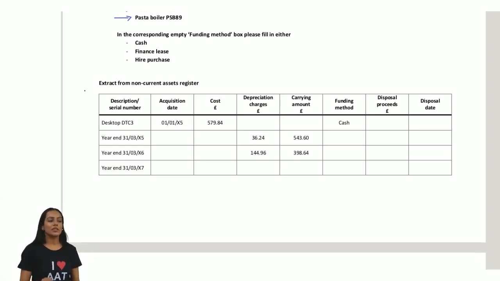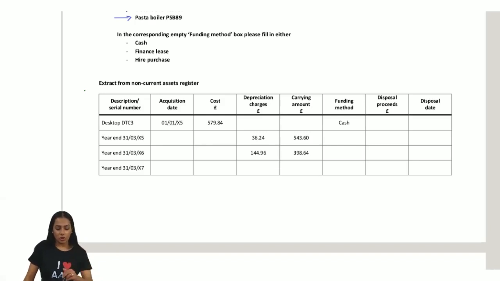Let's assume that this was correctly accounted for by the examiner themselves. The carrying amount at the end of each year is going to be the cost minus any accumulated depreciation. So for the year ended 31st of March 16, the depreciation charge was £144.96, giving us a carrying amount of £398.64. Now we need to deal with the transactions relating to the year ended March 17.